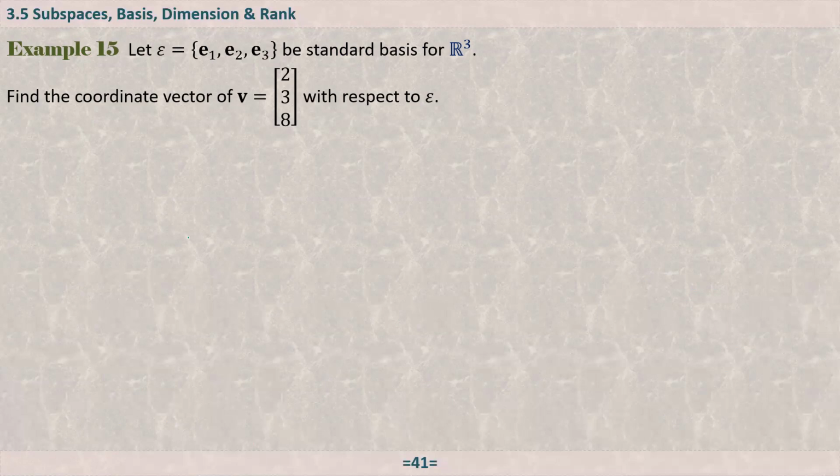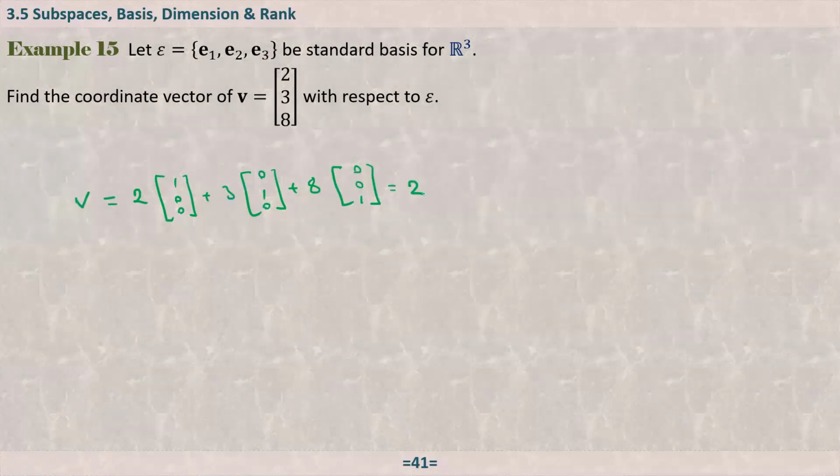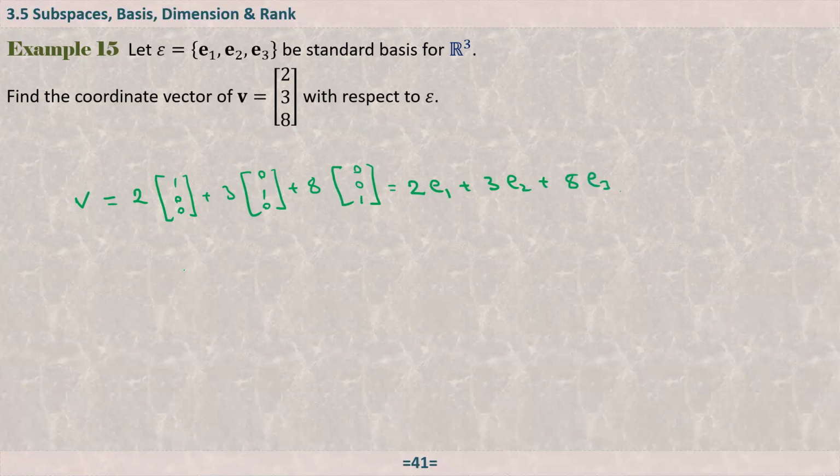We know that I can write this v as 2 times (1, 0, 0) plus 3 times (0, 1, 0) plus 8 times (0, 0, 1), which is 2 times e1 plus 3 times e2 plus 8 times e3.